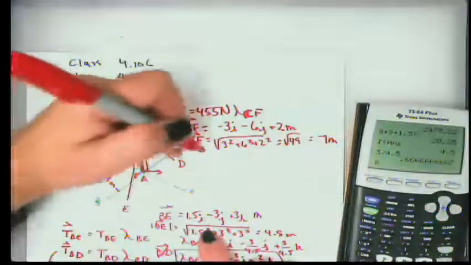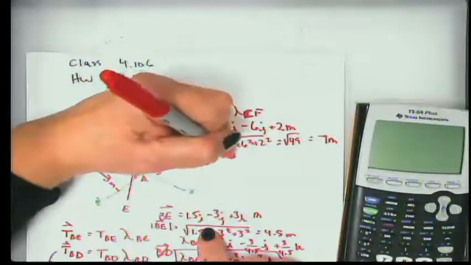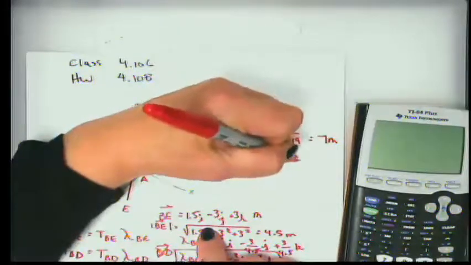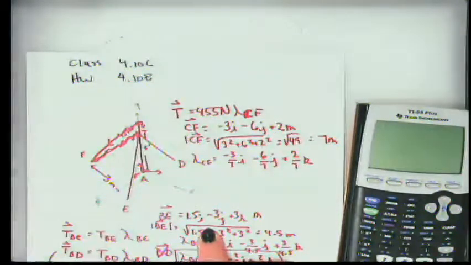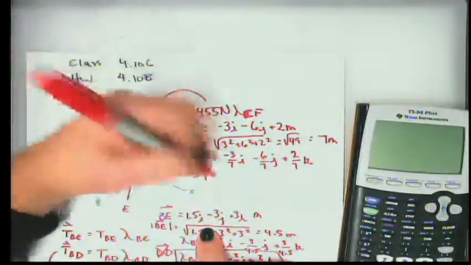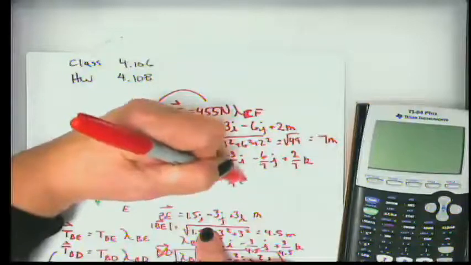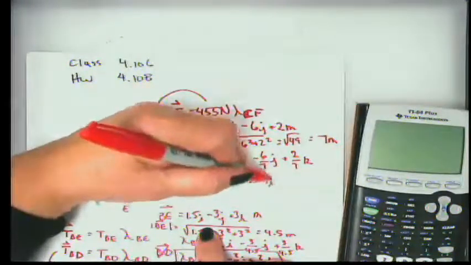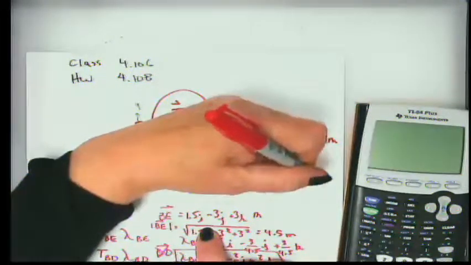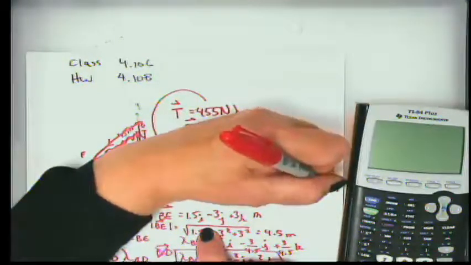All right, so now my lambda CF then is going to be -3 over 7 I minus 6 over 7 J plus 2 over 7 K. But the good news is we have this tension, so we can write the vector of that tension, which I'll call CF, is going to be -3/7 times 455 newtons I minus 6/7 times 455 newtons J plus 2/7 times 455 newtons K.